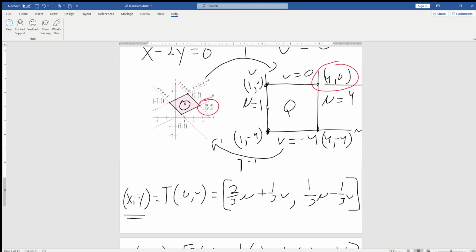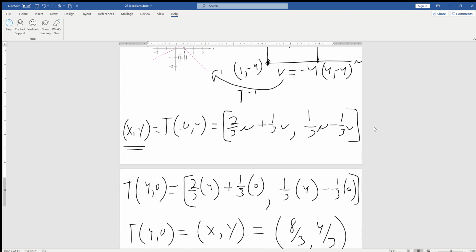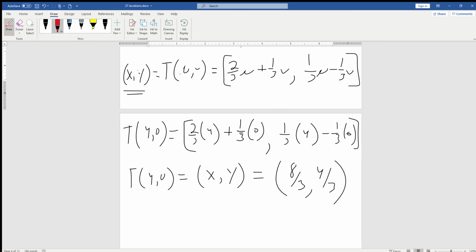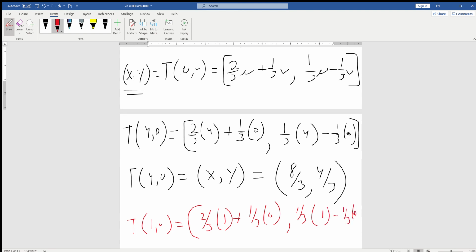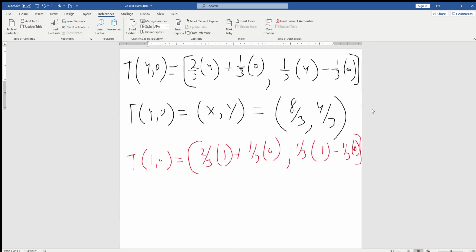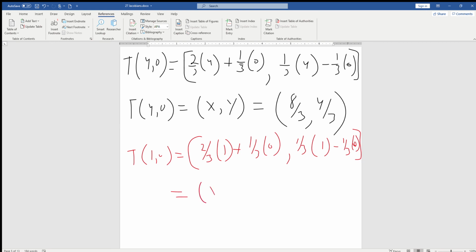All right, so I'll just do one more example. I'll just do 1, 0 for simplicity. Okay, so if I wanted to see what the correspondence was, let's find T of 1, 0, and that would be 2/3 times 1 plus 1/3 times 0, comma, 1/3 times 1 minus 1/3 times 0. And that would just give us the point xy equal to 2/3, 1/3.